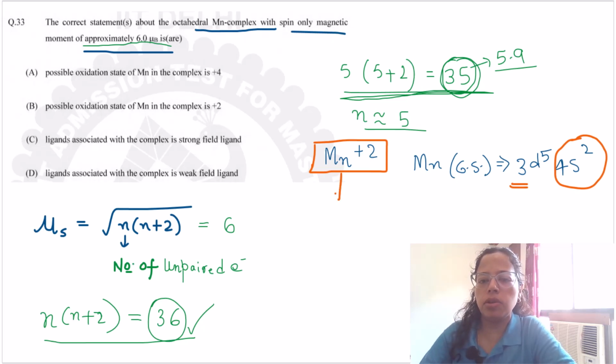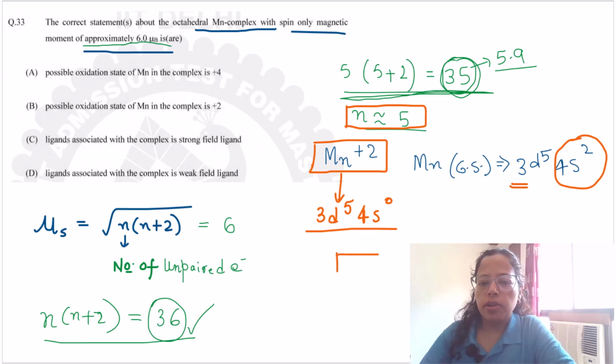Manganese in the +2 oxidation state will have 3d5 4s0. From the spin-only formula we know that in this manganese complex the number of unpaired electrons is 5.